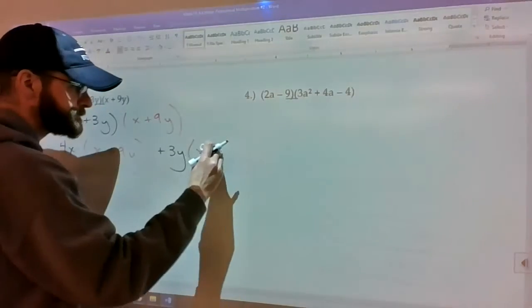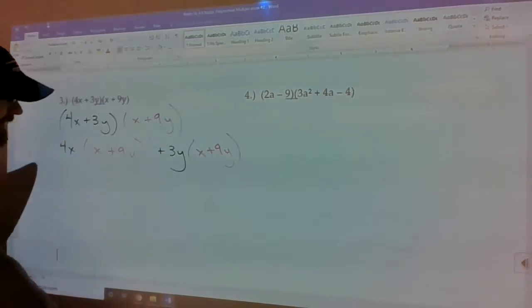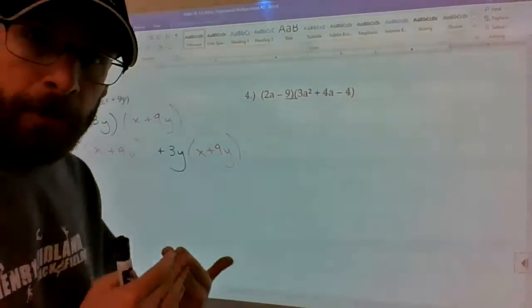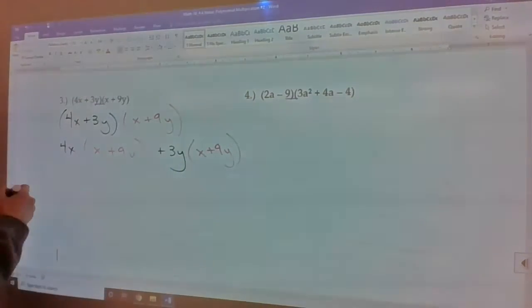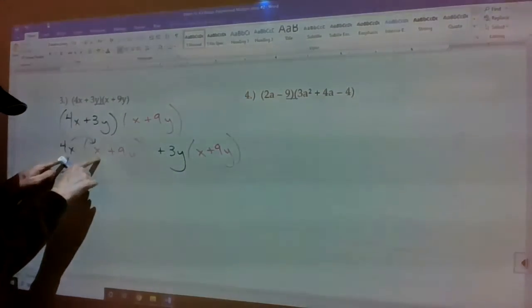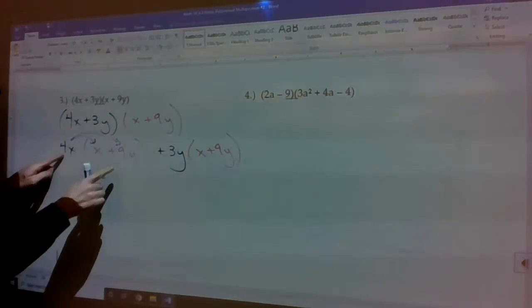And then distribute the 4x. I kind of like to think of this as the double distributive property because you're distributing 2 times. So 4x squared. This is going to be 36xy.